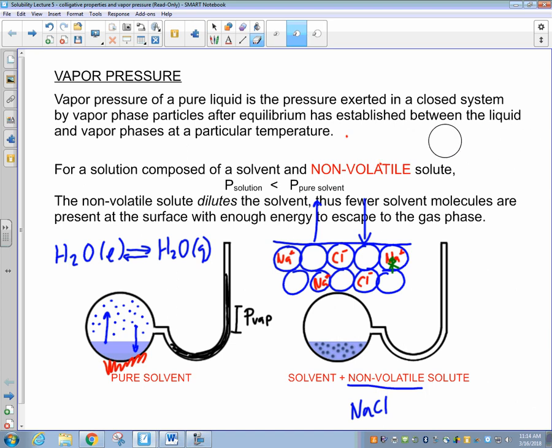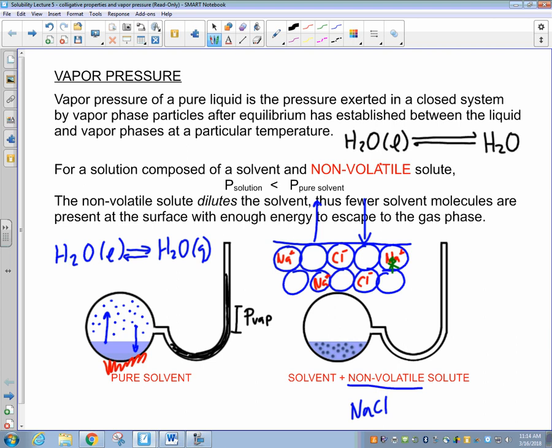So what we now see is a system in which we originally had established equilibrium between liquid phase water and gas phase water. But now, because the rate of our forward reaction, that is the rate of evaporation, has decreased, we expect to see a change in the equilibrium position of our system.